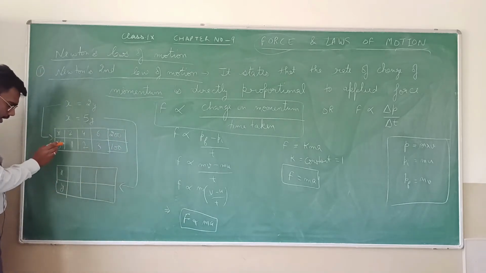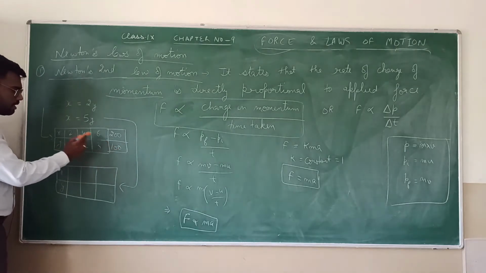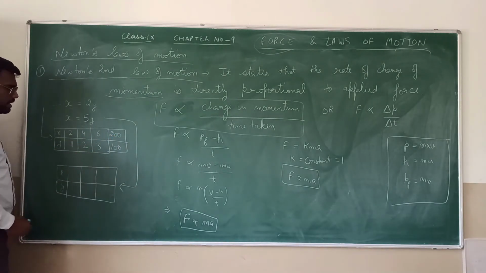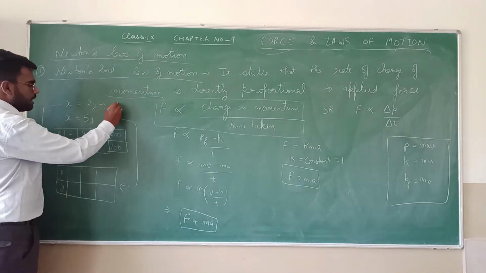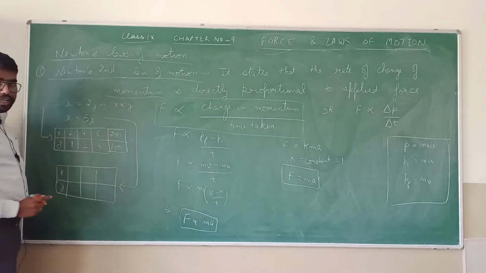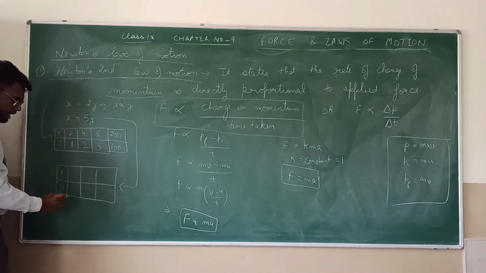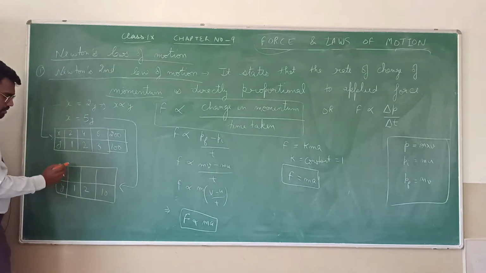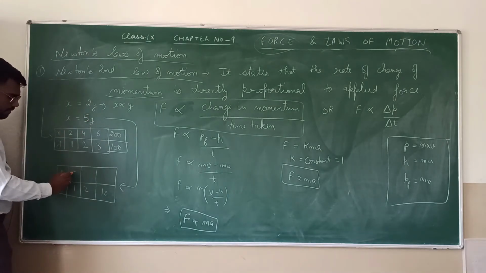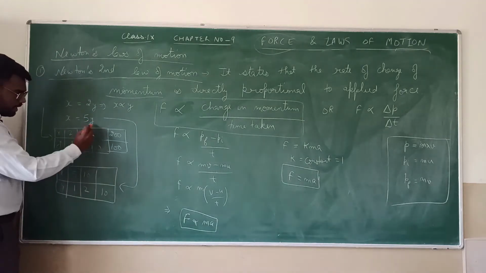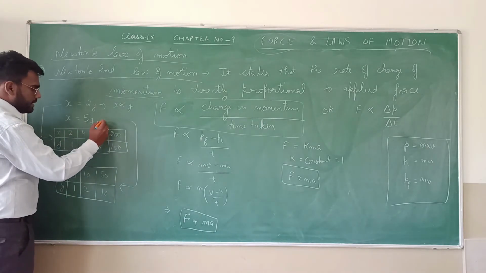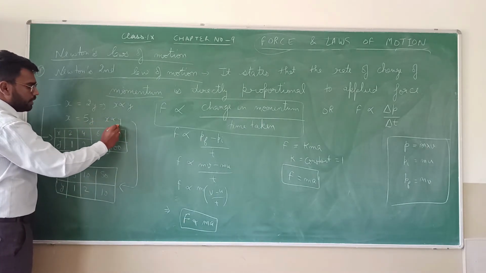So can I say that as y is increasing, x is also increasing? So in the first case, x is directly proportional to y. For the second case, if I put y as 1, 2 and 10, x becomes 5, 10 and 50. So in this case also, x is proportional to y.